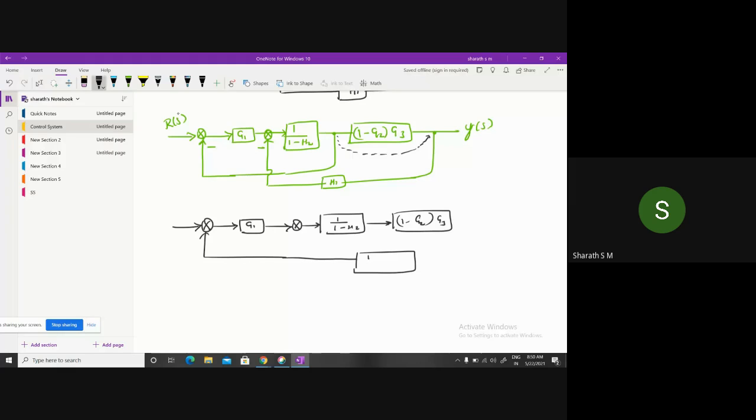So this whole block variables will become the division part, division point. And then it will remain with one more feedback element as H1.